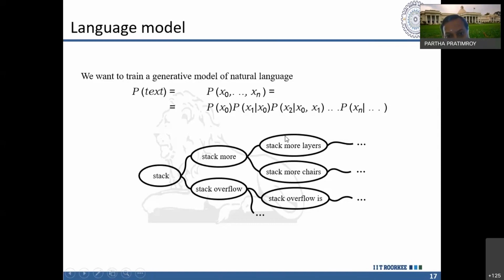So this is the initial probability, then the next word's probability, then the next-to-next word's probability. This third one, layers, will be given the previous two pieces of information, x0 and x1.